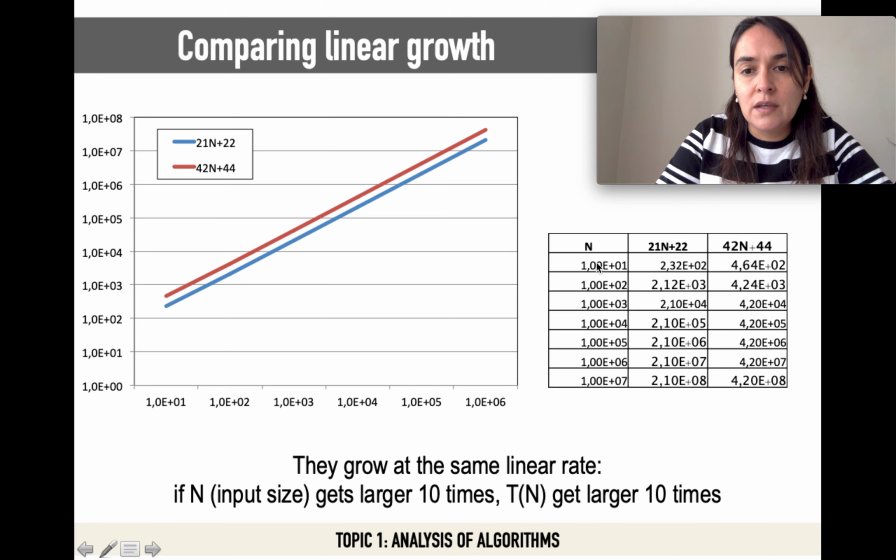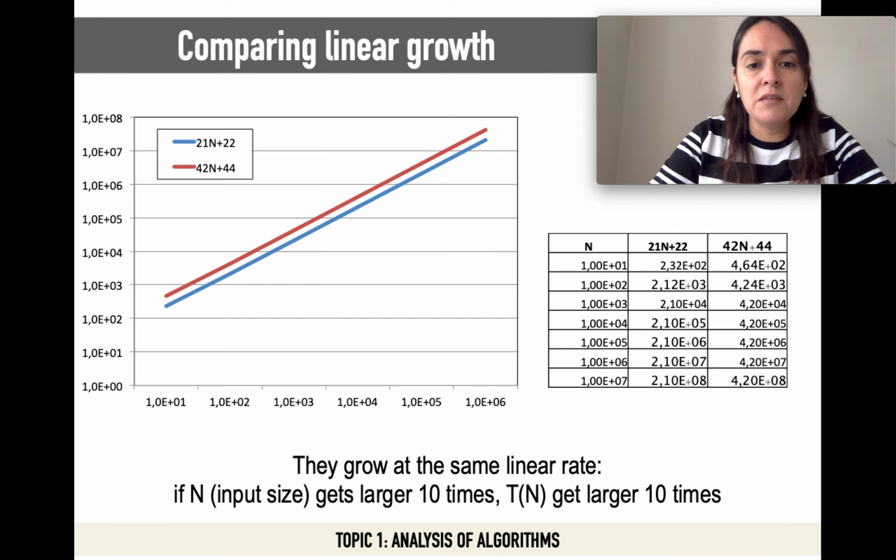So n goes 10, 100, 1000 in powers of 10, and you can see what the values of these two functions are. So if this was a representation of the execution time, you would say, well, for sure I would choose this algorithm because it takes half of the time of this. Now, both grow linearly, which means that if n, the size of the array, gets 10 times larger, then you will get an execution time that is 10 times longer.